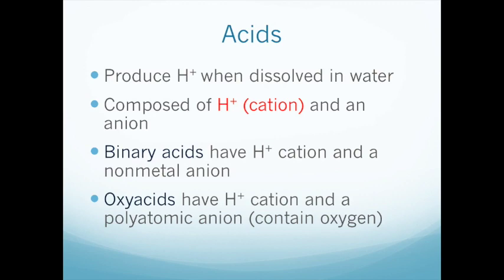So in the case when it's a nonmetal anion and H+, it's called a binary acid, and an oxyacid has H+ and a polyatomic anion, usually containing oxygen.